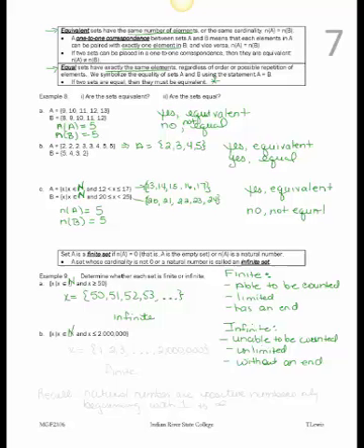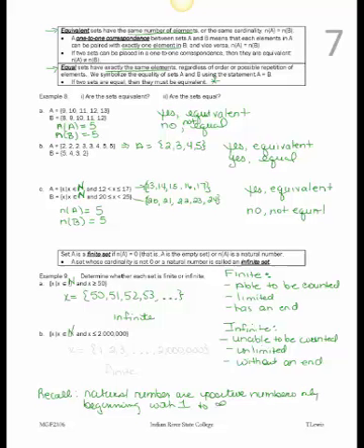Now remember, natural numbers are positive numbers beginning with 1 to infinity.